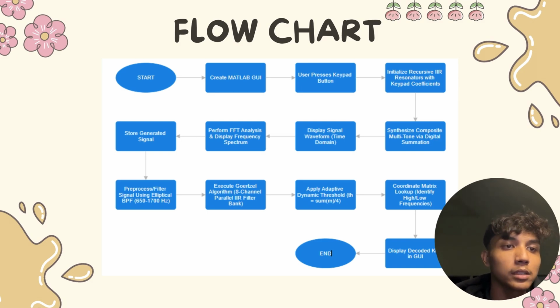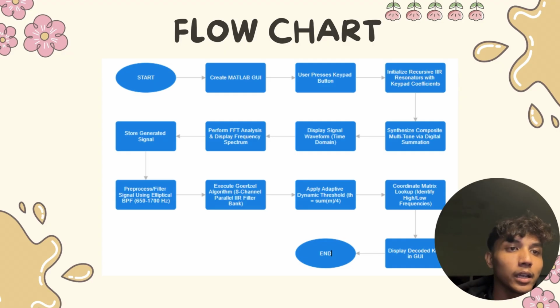So next, elliptical noise filtering. It pre-processes the incoming audio via an elliptical bandpass filter from 650 until 1700 Hz to cleanly isolate the fundamental tone and wipe out off-band line noise.